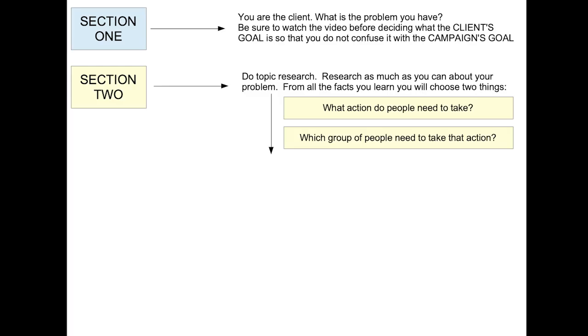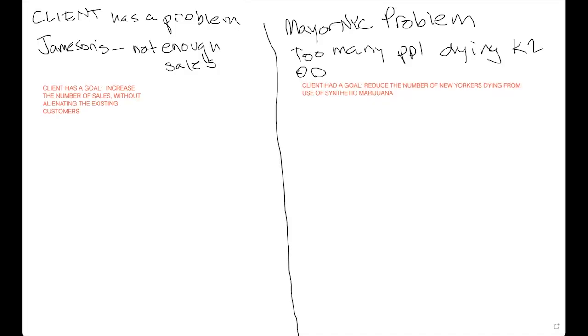So let's move on to section 2, your topic research. The first step that we did in either case was that topic research. We basically researched everything and anything we could. And we had 2 ways of doing that. Remember, we had primary research and secondary research.